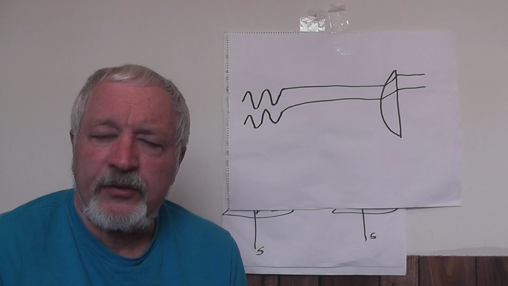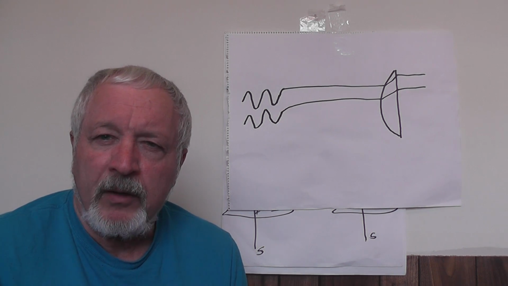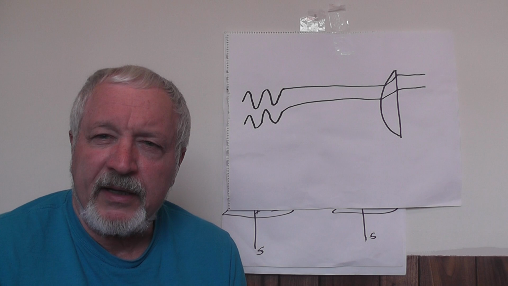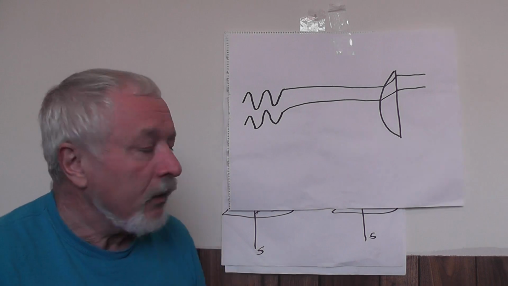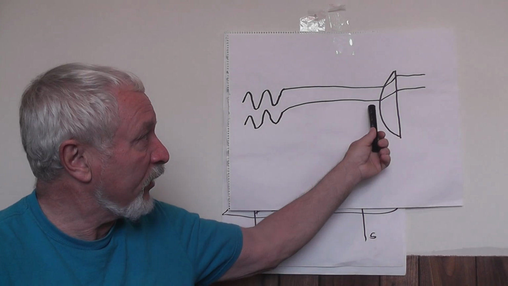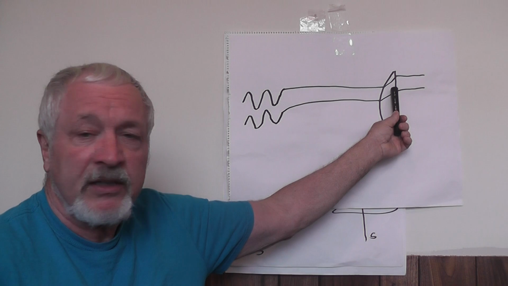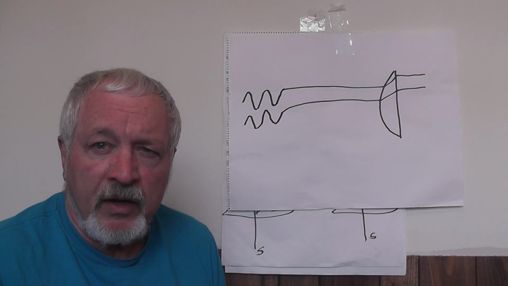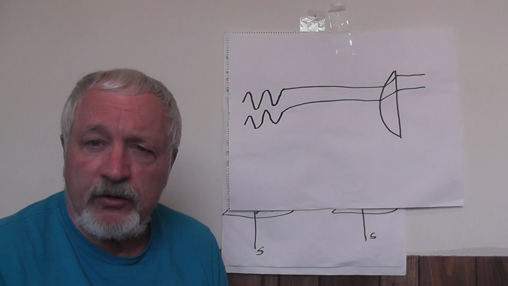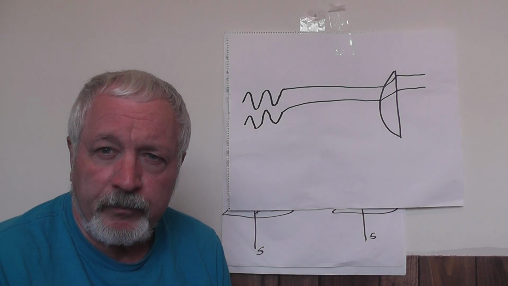We can see that light travels faster in a denser medium when we look at light traveling through a magnifying glass. In order for an image to be preserved, the light waves must travel in unison. They go to the lens and refract, travel through the lens, and come out the other side. In order for the image to be preserved, they must exit the lens in unison or at the same time.